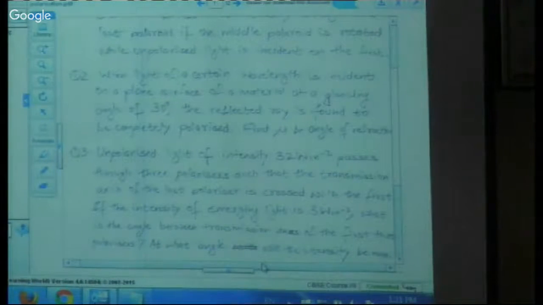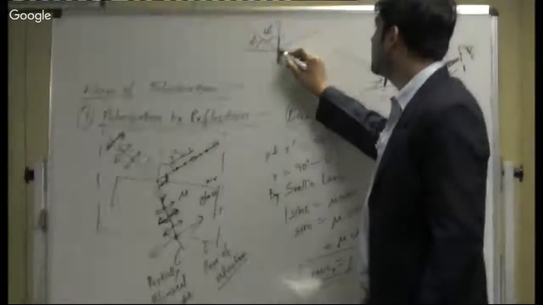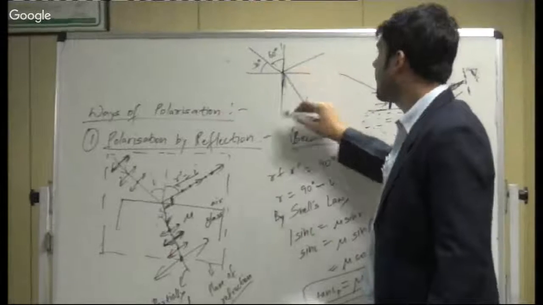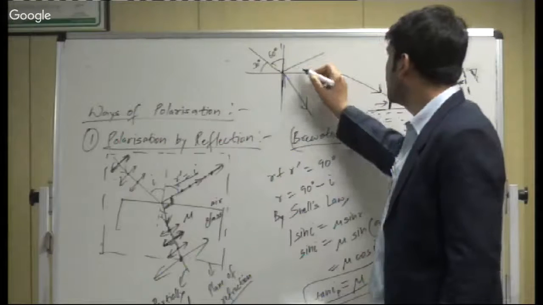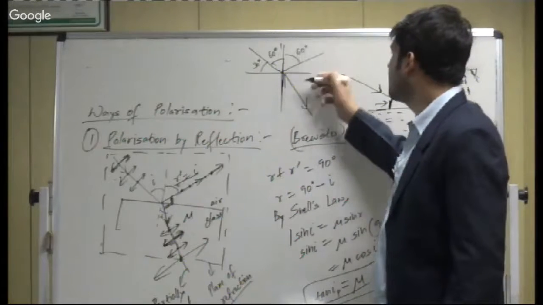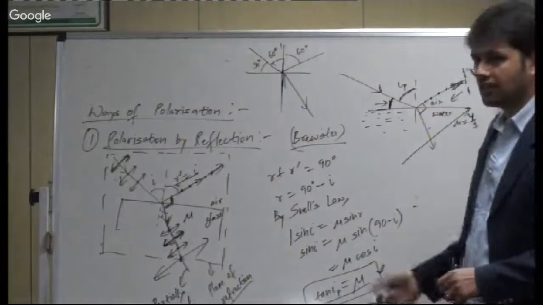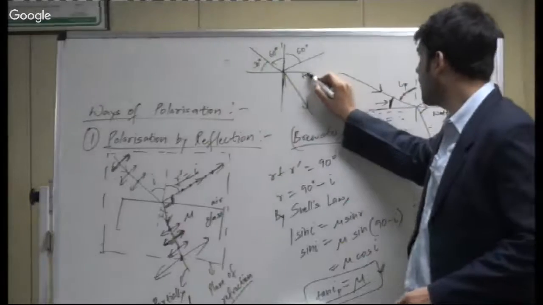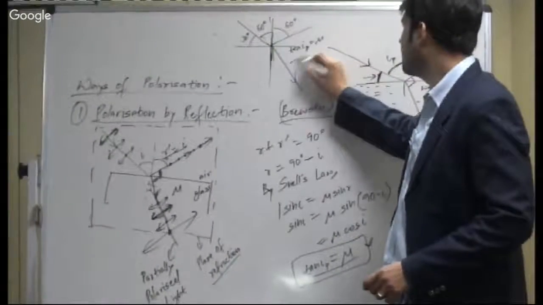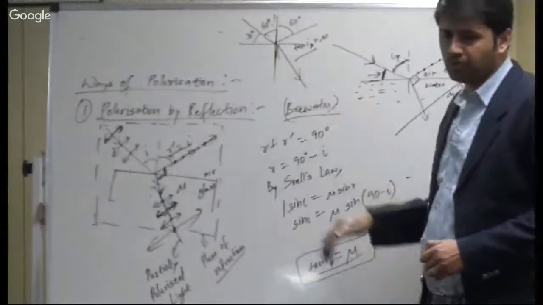The glancing angle is said to be 30 degree, and so the incident angle would be 60 degree. This is the refracted light. We know that for the polarizing angle, tan IP is equal to mu. You can put IP as 60 degree, so mu would be √3.